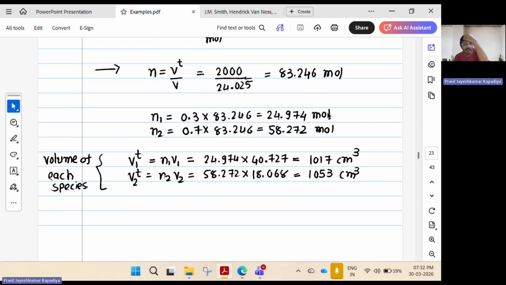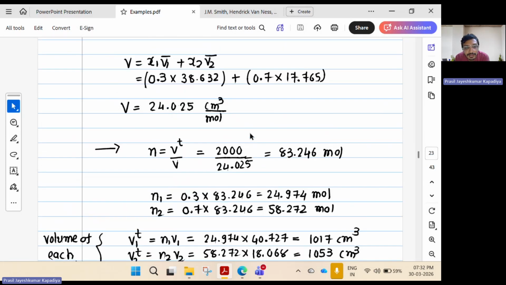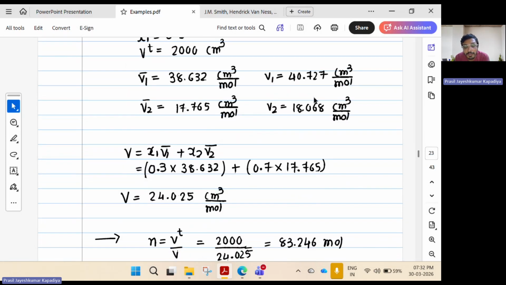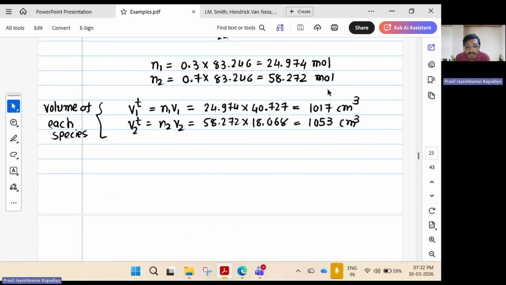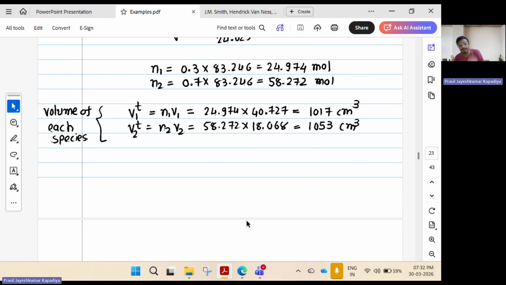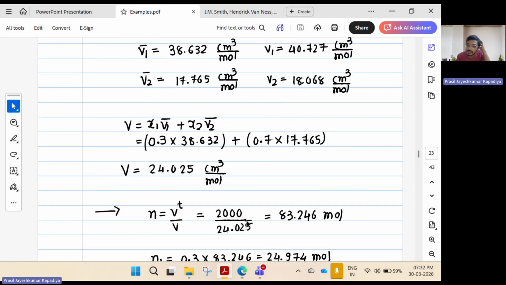We require 24.974 moles of methanol and 0.7 into that, that is 58.272 moles of water. Now if I multiply these numbers with the pure component volumes, I can get the volume required.